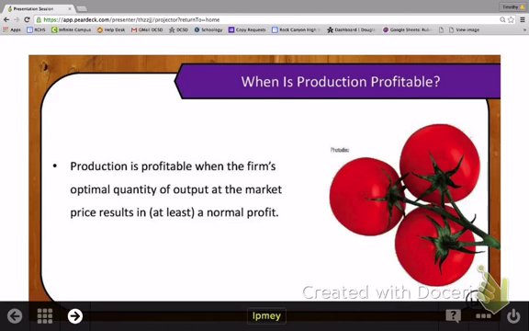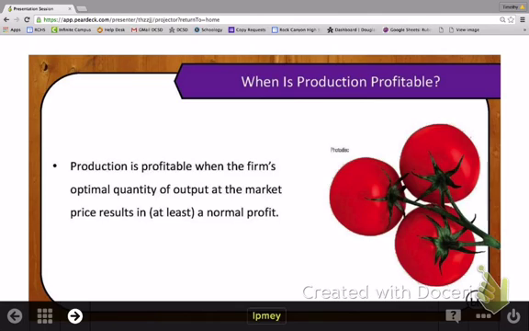Now, remember, economists look at total cost as the total economic cost of producing a product, not the accounting cost, the economic cost. In other words, could you be using your resources in a different way to bring in more money? And what this is telling us is, if it's equal to 0 or positive, and we're earning a normal profit or a positive economic profit, then this is the best use of our resources to bring in the greatest amount of money.